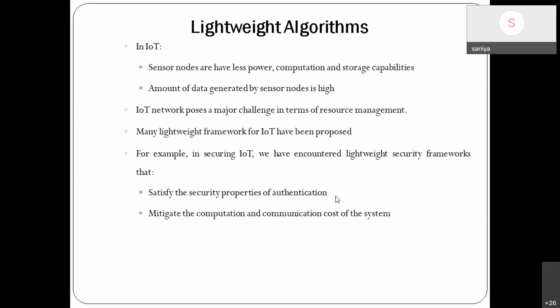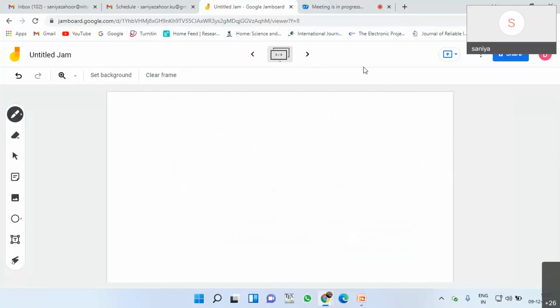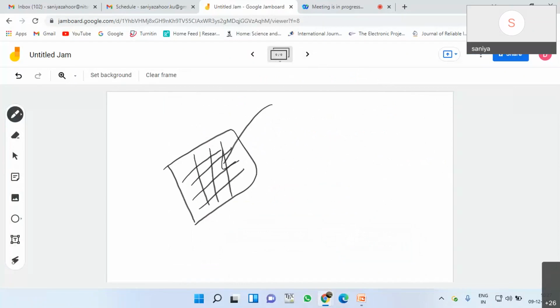Now there is work on lightweight algorithms. According to this, you can see here, if this is a device and there is an algorithm that runs on this, on a normal computer it's okay to run a huge-sized or heavyweight algorithm. If there is an IoT device here, we already know the resources are limited. Are you going to use heavyweight?